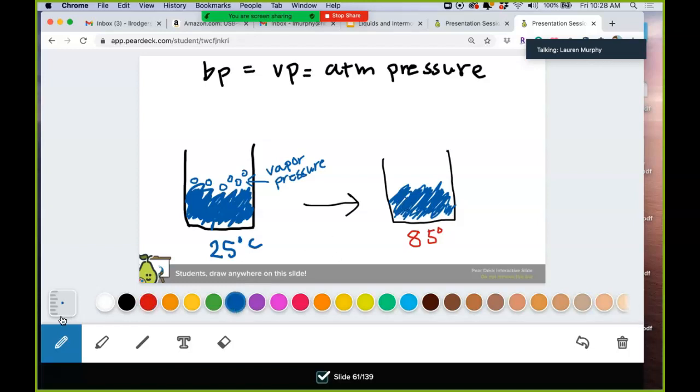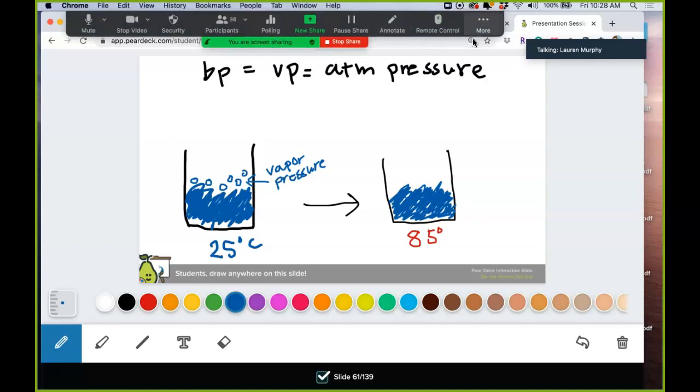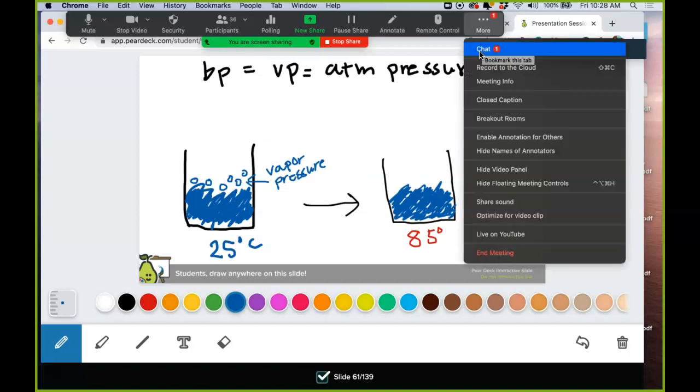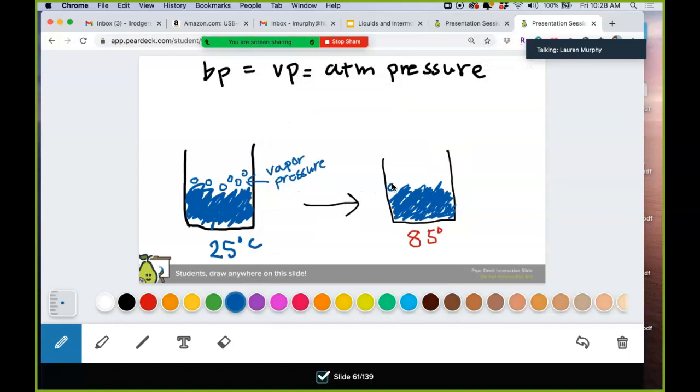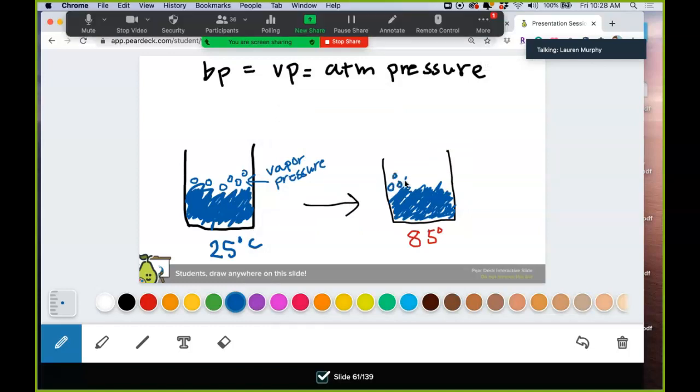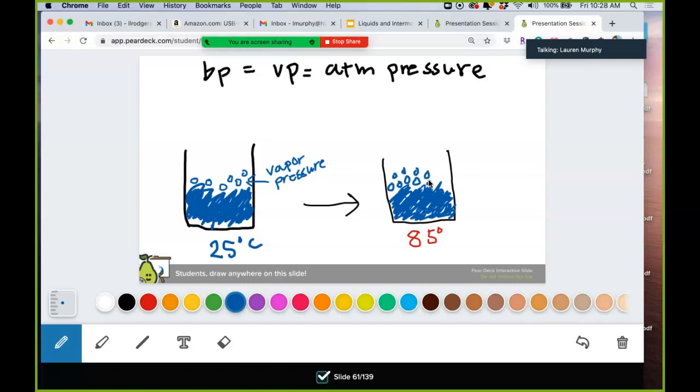That's the measure of the average kinetic energy. They should be moving a little bit faster. So what does that mean in terms of the number of gas molecules on the surface of the water? More or less? More. Good. So if you heat them up, on average, you will have more of these molecules that have been able to escape into the gas phase.